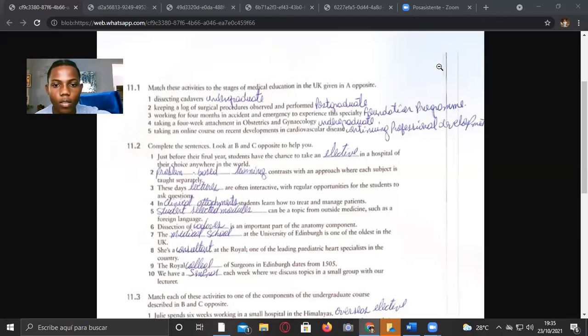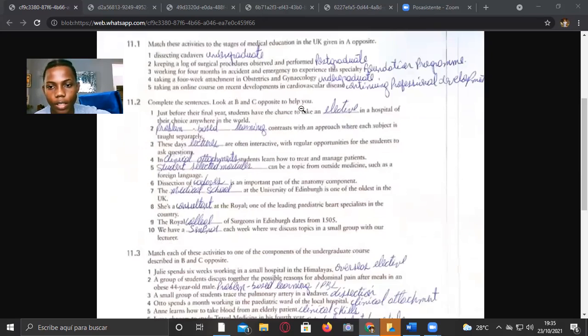Working for four months in accident and emergency to experience this specialty, foundation program. Taking a four-week attachment in obstetrics and gynecology, undergraduate. Taking an online course on present developments in cardiovascular disease, continuing professional development.